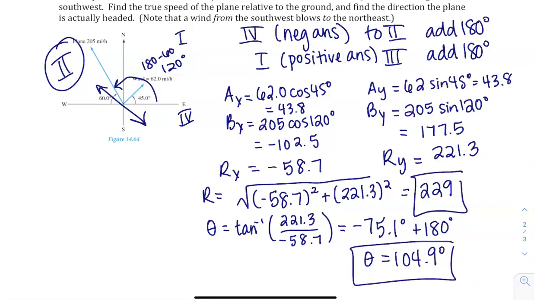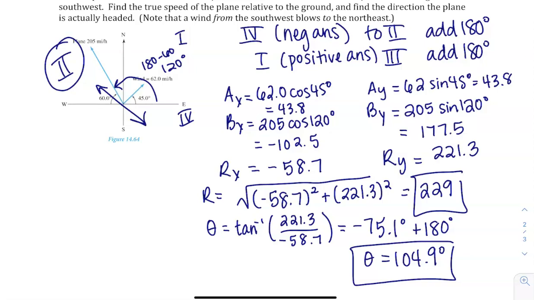So just be careful when you are doing these problems. The answers are often going to give you an answer that is not where it's supposed to be, but it's really easy to fix this. And just remember, to move into the other quadrant, you're going to add 180 degrees, or you can just change how you're thinking of this.